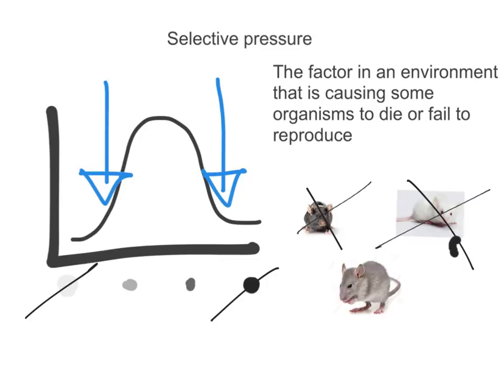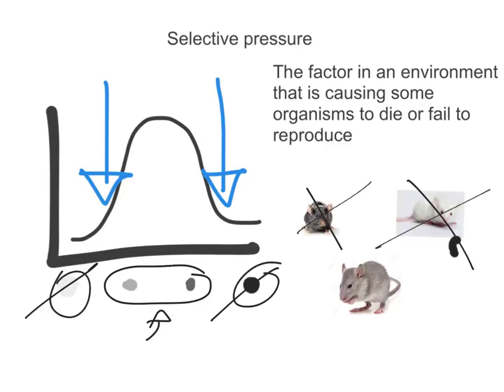But selective pressure is whatever is causing the organisms in an environment to not survive or not be able to reproduce. So in this case, maybe you have a gray environment, and so the gray mice blend in better, and the cats or whatever's hunting these mice are not able to kill them as well. Okay, so the selective pressure is acting against either extreme, in this case as represented by the blue arrows.